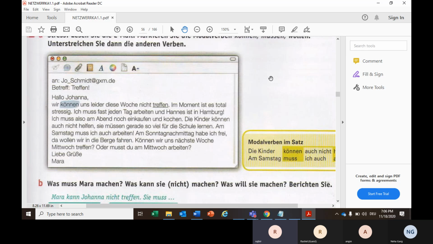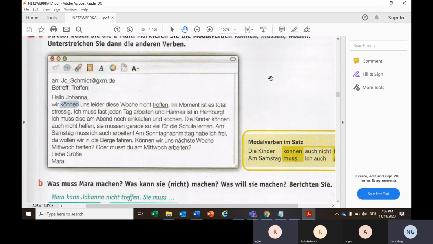Die Kinder können uns nicht helfen. Sie müssen gerade so viel für die Schule lernen.